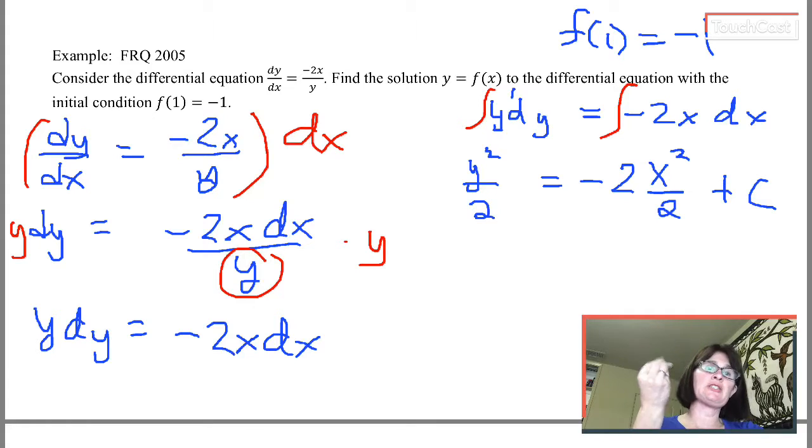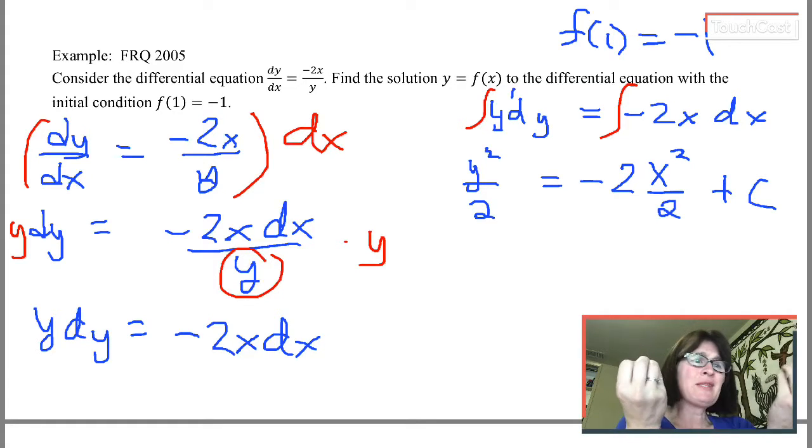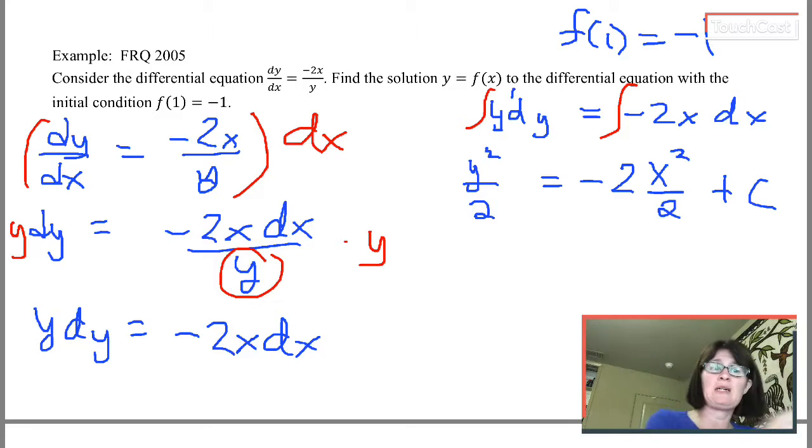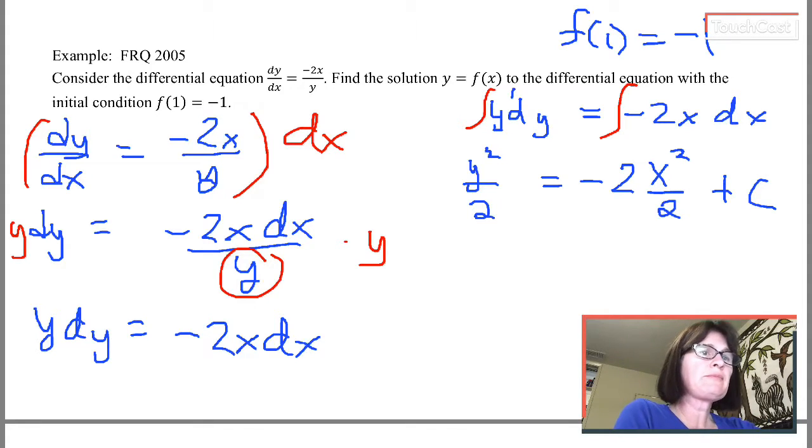Now remember, really I should have had a constant on both sides when I integrated, but then the very next thing I'm going to do is move one constant to the other side and make a brand new constant. So there's a little shortcut everybody accepts, which is when I integrate both sides in a differential equation, I only put my plus c on one side. If you could simplify that negative 2 and that 2 in your mind, that's fine.